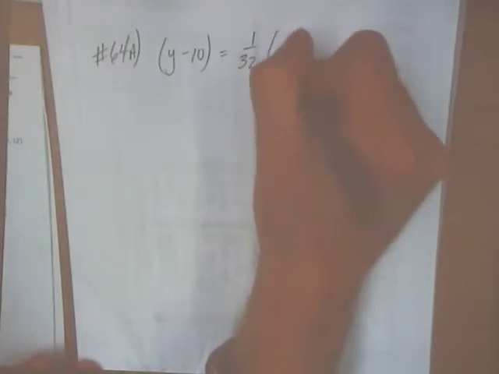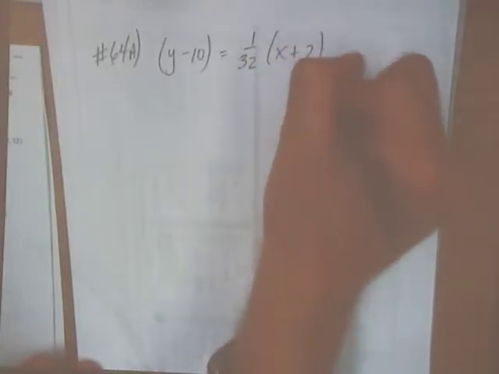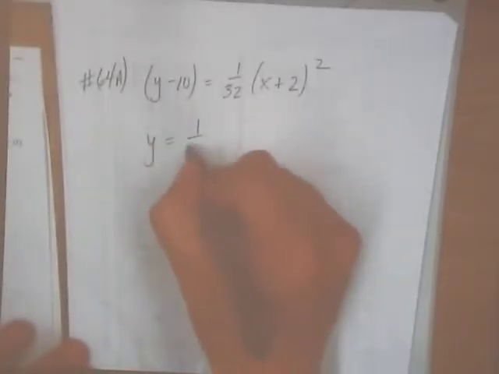All right, 64. What are the coordinates of the focus of the graph of each parabola? A. All right, we are probably more used to seeing it like this.